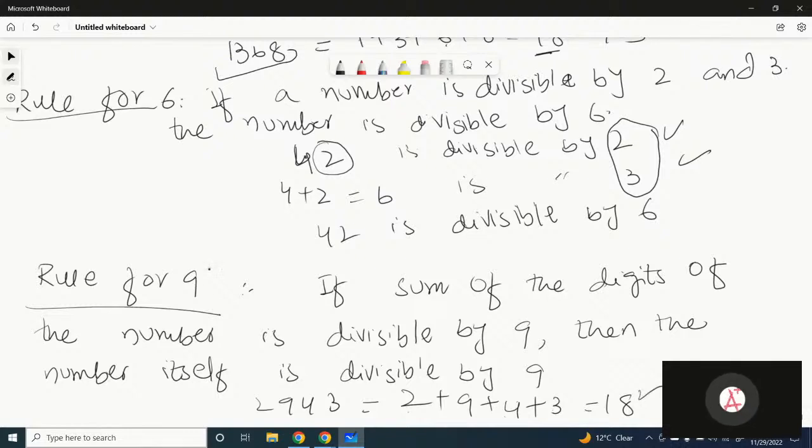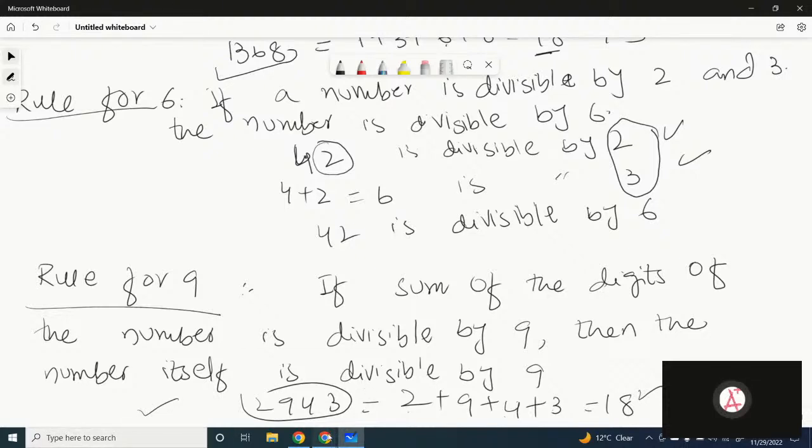You have to see if the sum is divisible by 9. Do we have 18 in the table of 9? Yes, 2 times 9 is 18. That means yes, this number is divisible by 9. Got it?